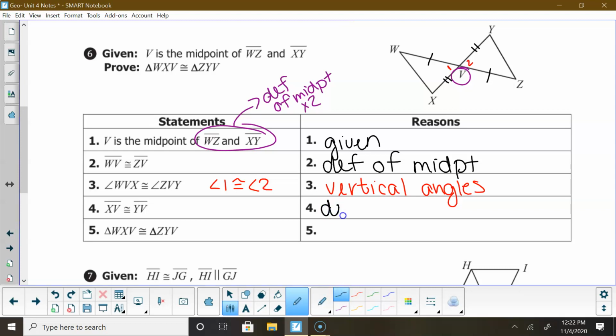So this one is definition of midpoint. And they are congruent by side angle side. Now that I point this part out, are you guys like, okay, fine, now I know I need to have it twice. Alright, cool. Ready to go back up to 5?